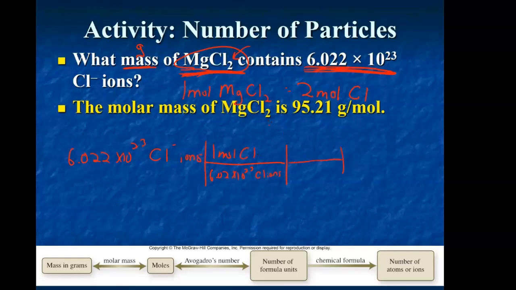There are 2 Cls, 2 moles of Cl for every 1 molecule of this. Now we can go to grams. In 1 mole of MgCl2, there's 95.21 grams. Right? And so then when I did this, I got 4.